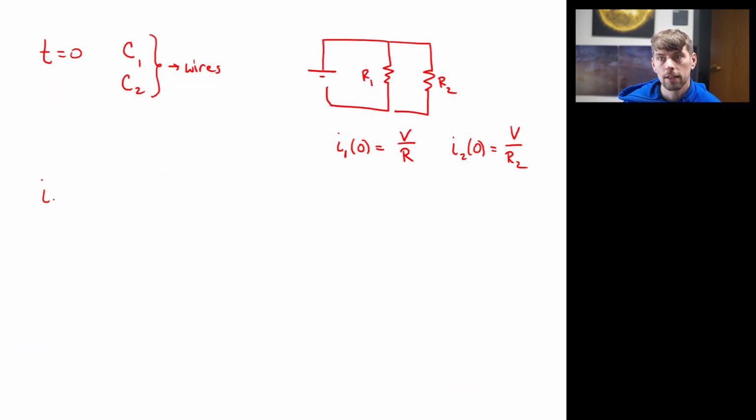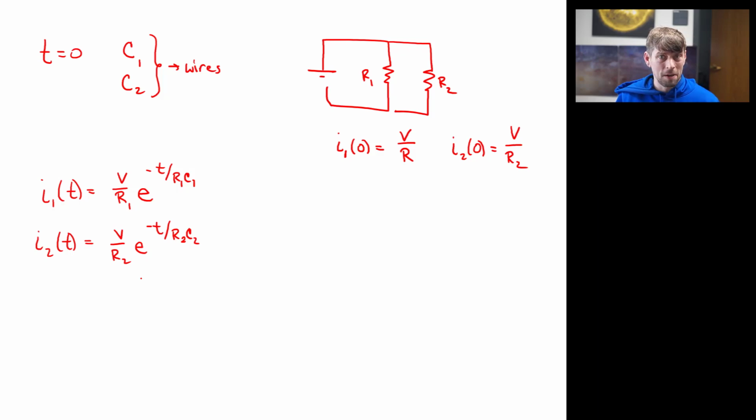And so at the end of the day, you get what you would probably, or as I hinted at, should anticipate. The idea that each of those branches charges up like a separate capacitor in parallel.